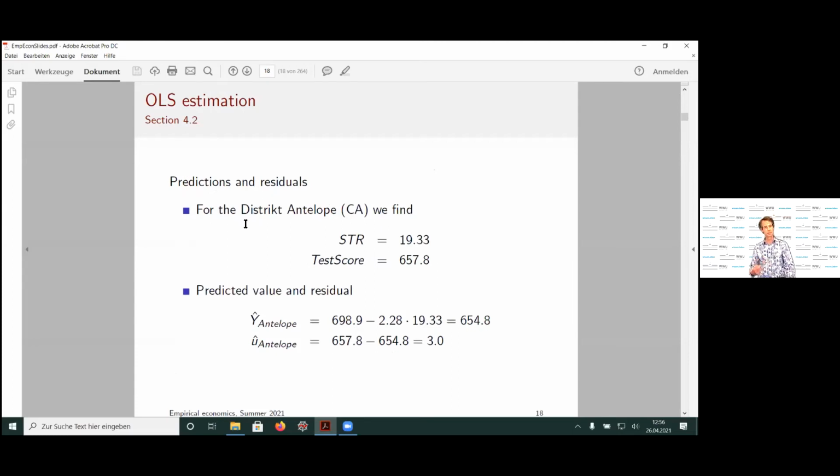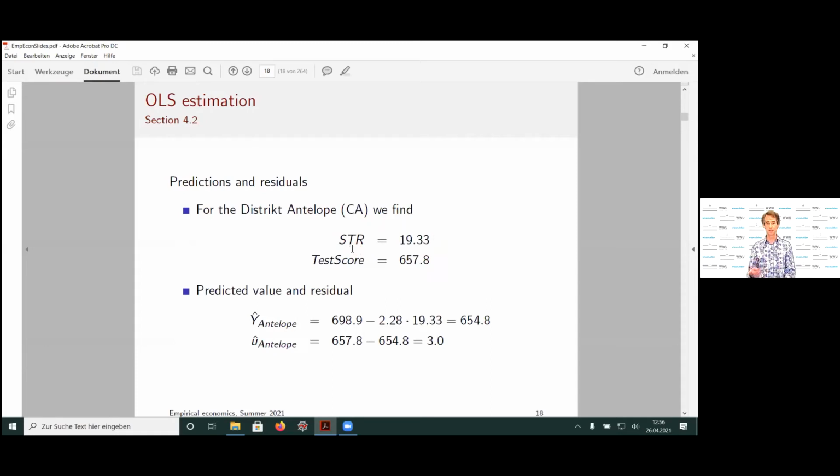All right, let's also have a look at what the predicted values and the residuals are in this example data set. We just take out one district, Antelope, and we actually have data about this district. The data are 19.33 for the average class size and 657.8 for the average test score in this district. So these are the values that we really observe.